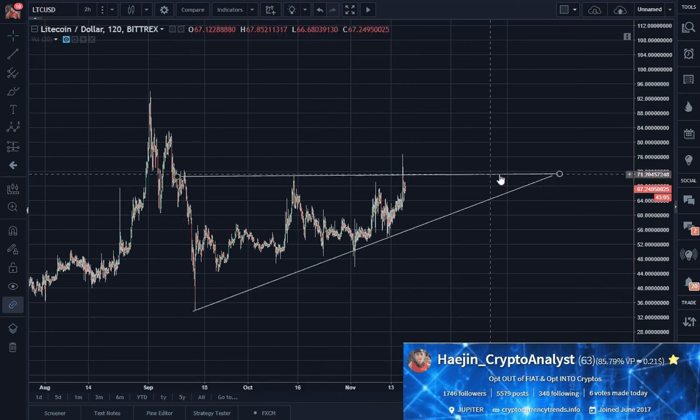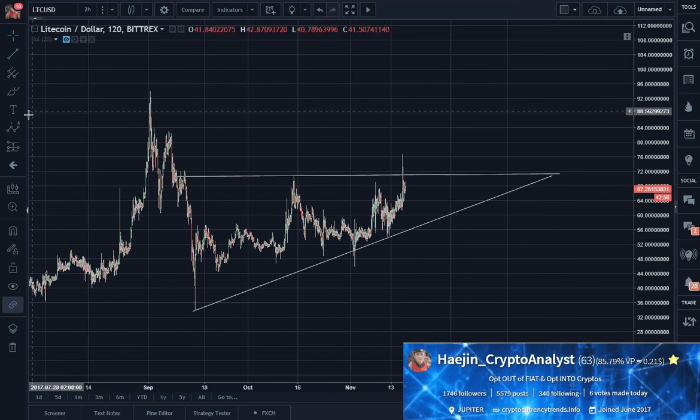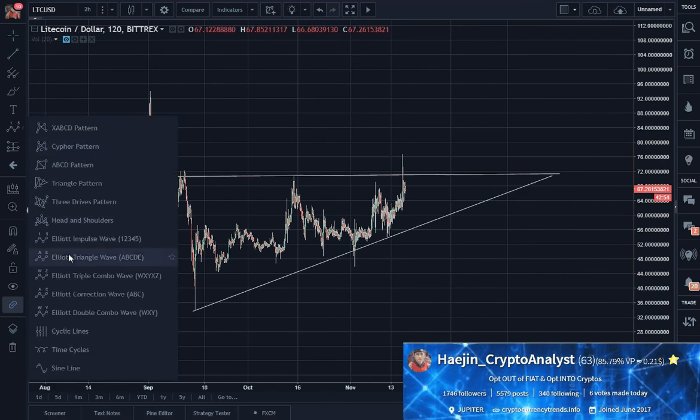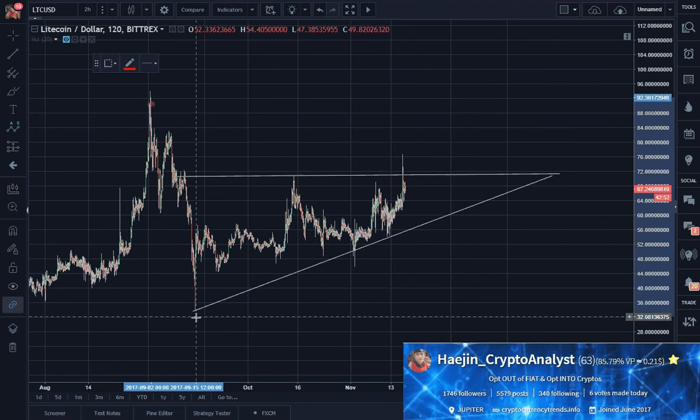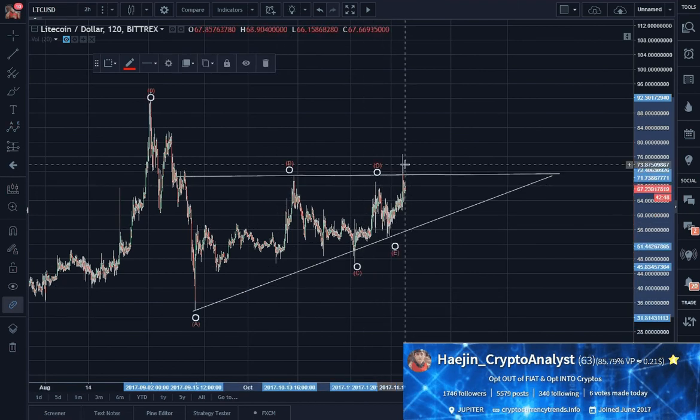So you have a horizontal line and you have a rising line. That gives you a right triangle. And the labels A, B, C, D, E can be positioned like this. A, B, C, D, E. And it's already broken upwards.